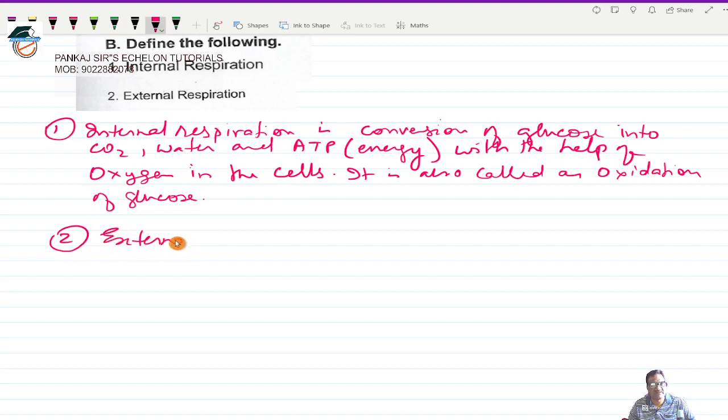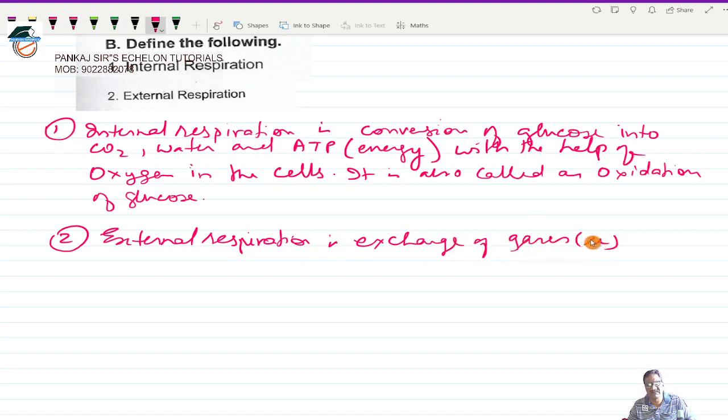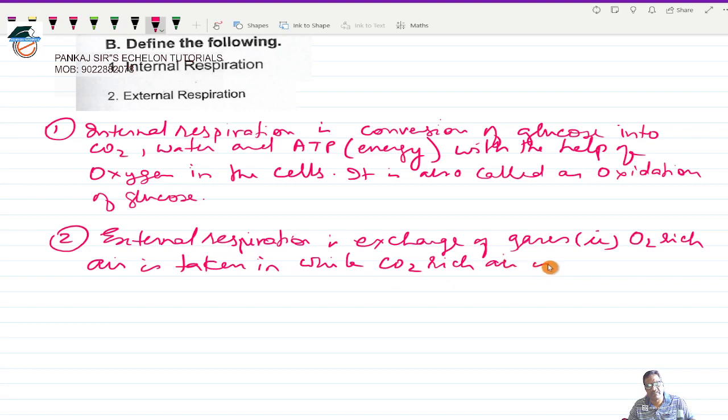Second, external respiration. External respiration is exchange of gases. That is, oxygen rich air is taken in while carbon dioxide rich air is thrown out by an organism.